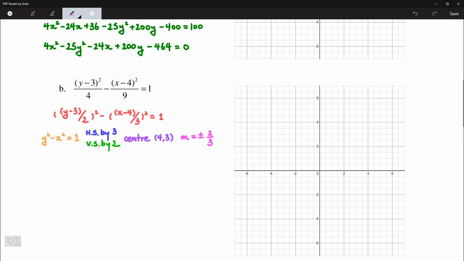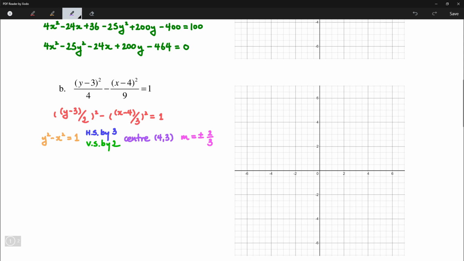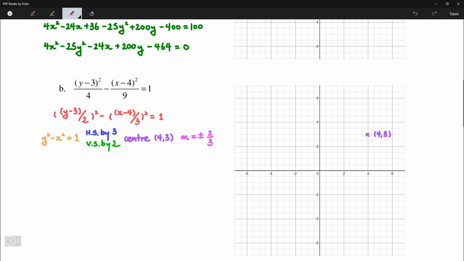Okay, so with this information, we can once again draw our hyperbola. First, we will locate the center (4, 3), and label it. Next, we'll use the slope to draw the asymptotes. So something like this.